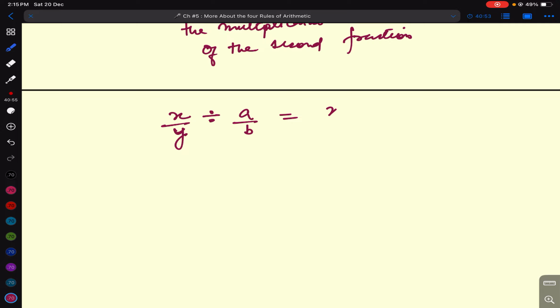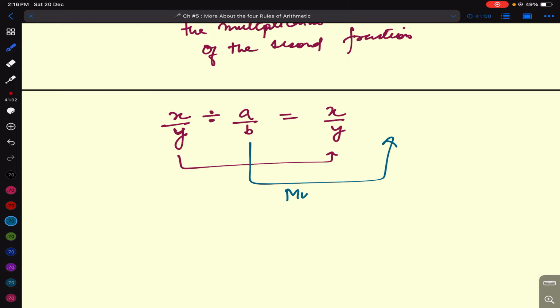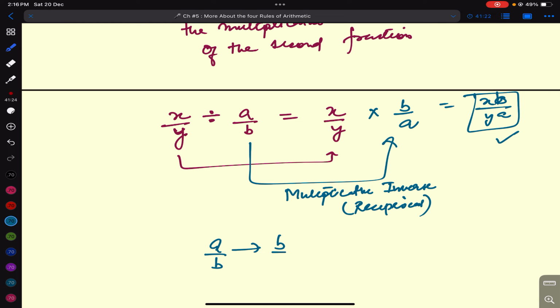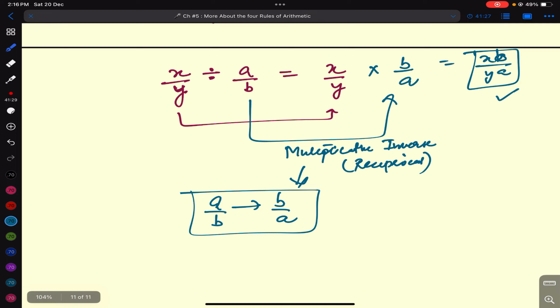So what you are going to do is keep the first fraction as it is, but here you take the multiplicative inverse, or reciprocal. So this will be b over a. So this turns out to be xb over ya. So a over b has basically turned to b over a. This is what the multiplicative inverse is. I hope that is making sense.